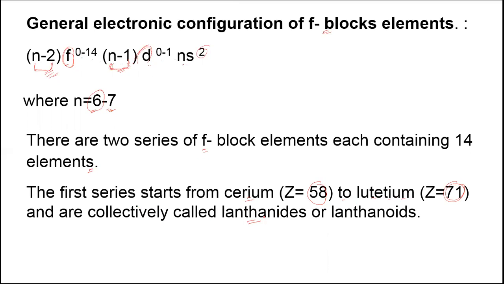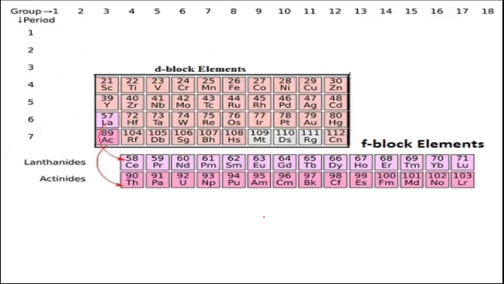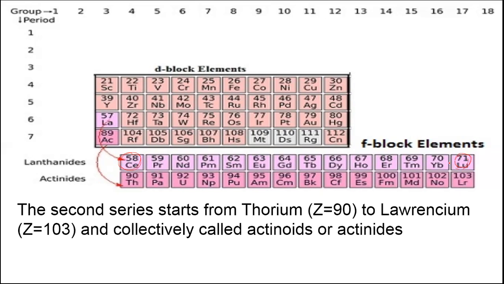The second series starts from thorium, atomic number 90, and lawrencium, atomic number 103, collectively called actinoids.